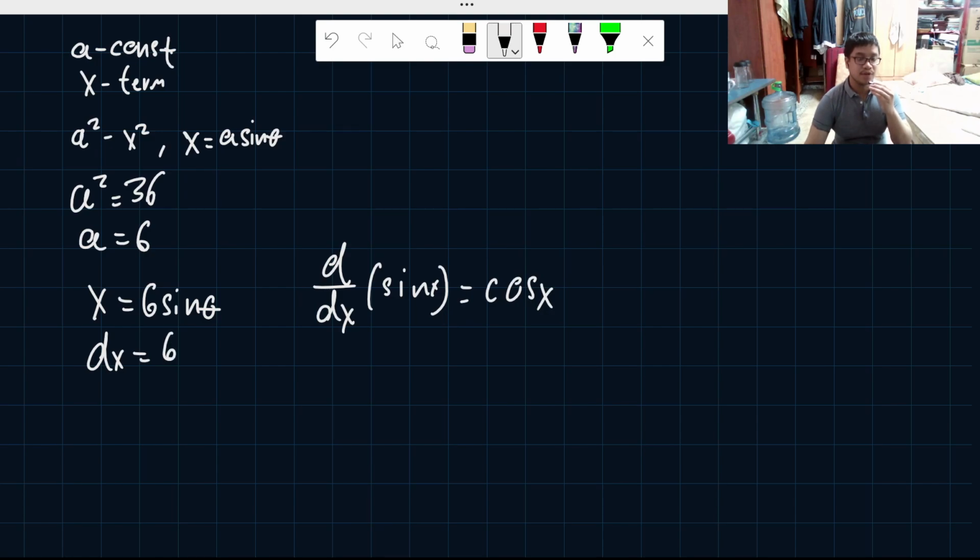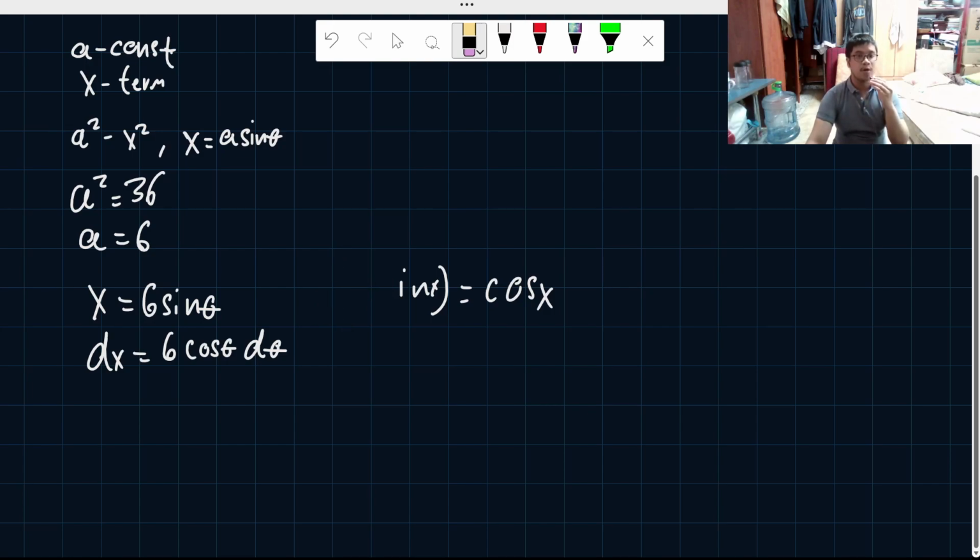Therefore, the derivative of sine theta is cosine theta. Then don't forget to put d theta. The variable used here will be used as the partner of your d. So sine theta, differentiate it, cosine theta d theta.